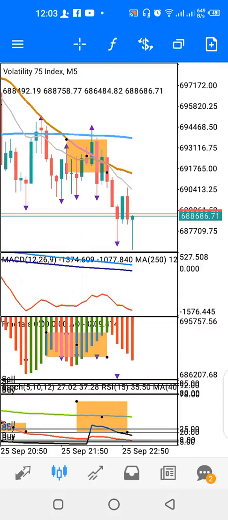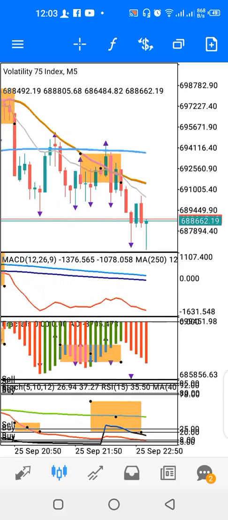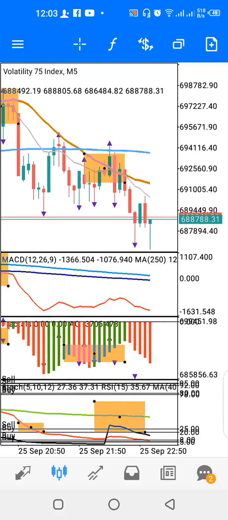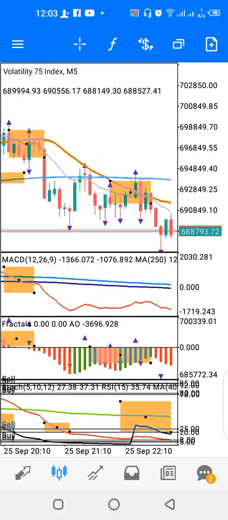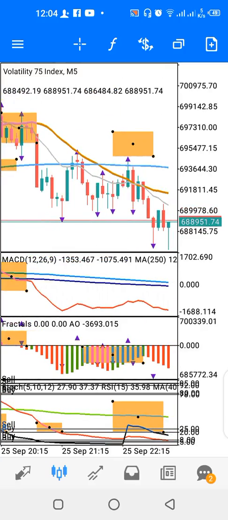It's a good strategy. Right now on the 5 minutes time frame, all the setups indicate sell, so you can take a sell trade. But if this happens above the blue line, you look for buy setups.